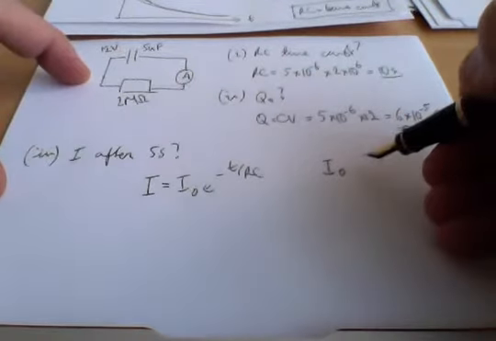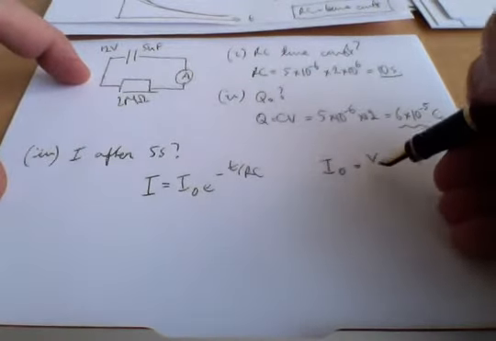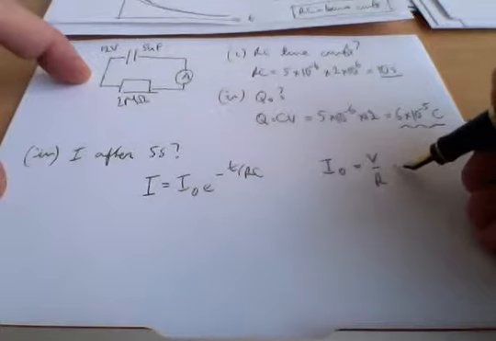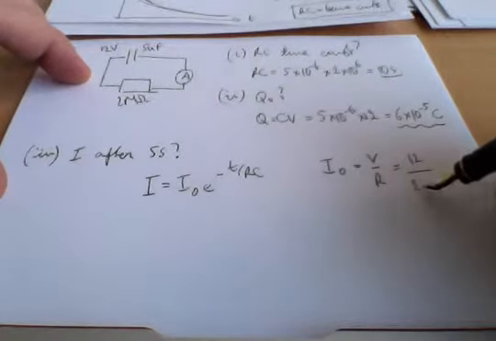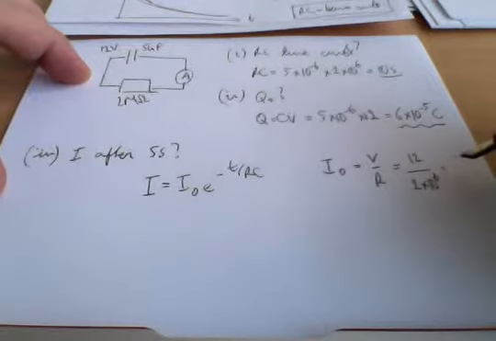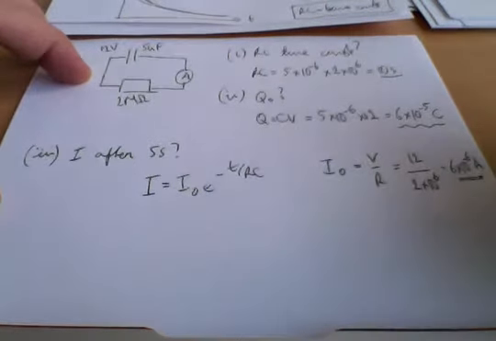So first of all, what's my initial current? Well, initial current is voltage divided by the resistance. 12 over 2 megohms gives me 6 times 10 to the minus 6 amps, a tiny current. So that's initially what's flowing out.